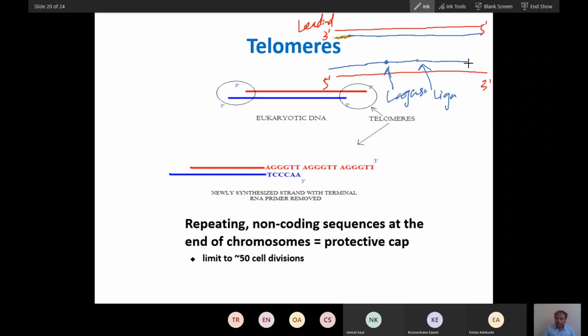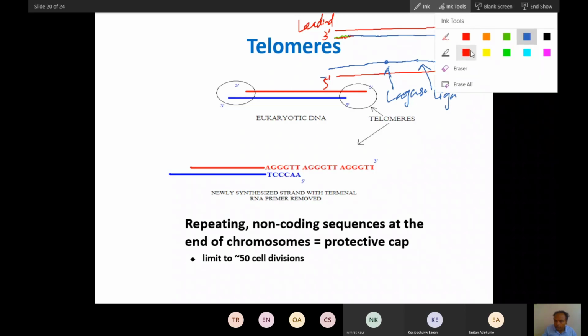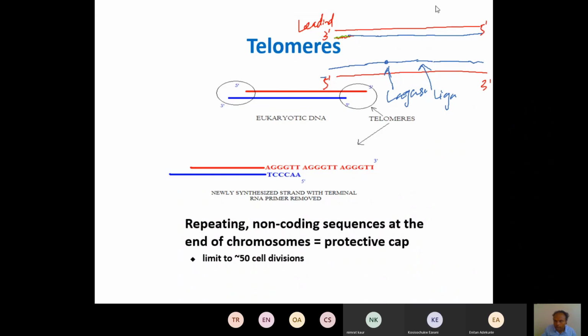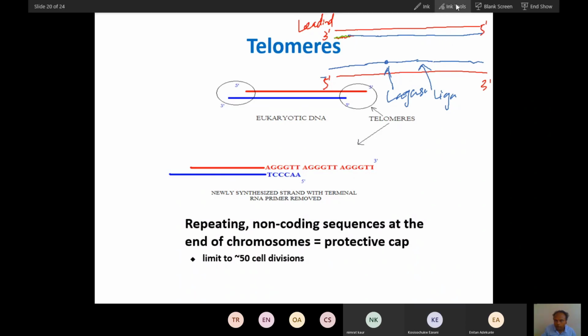Now, what will happen at the end is, you will see here on this DNA, on the lagging strand, this is the lagging strand, you will see a free region here, because there was removal of primer.